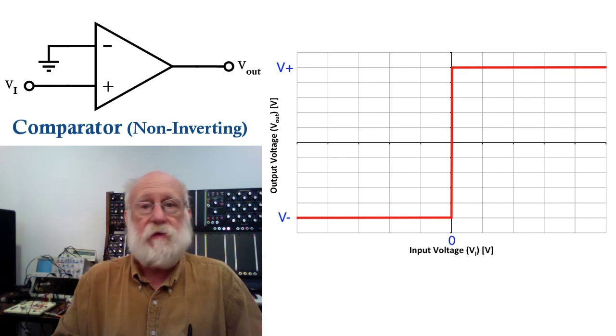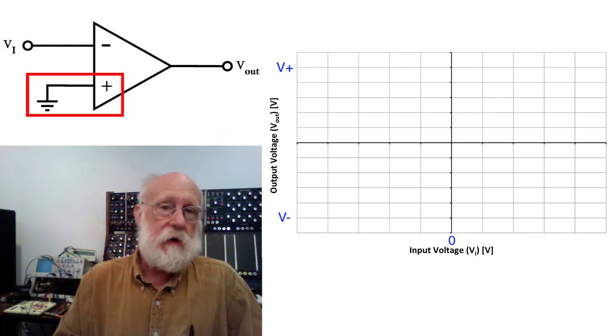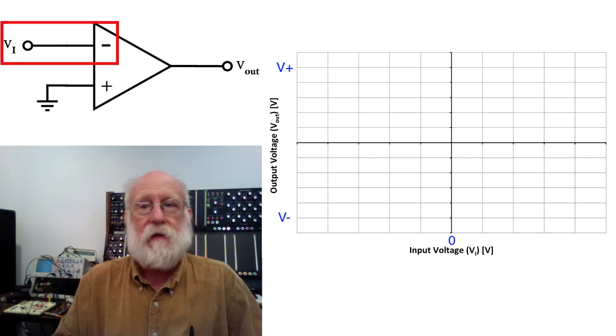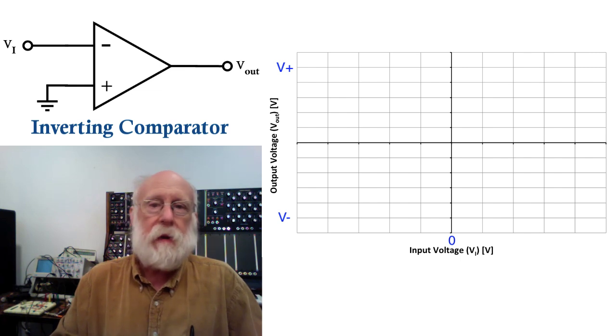If the input is positive, the output goes to the positive power supply level. If we simply reverse the two inputs and ground the non-inverting input and put our input signal on the inverting input, then this becomes an inverting comparator, because remember, your op-amp basically is a differential amplifier.